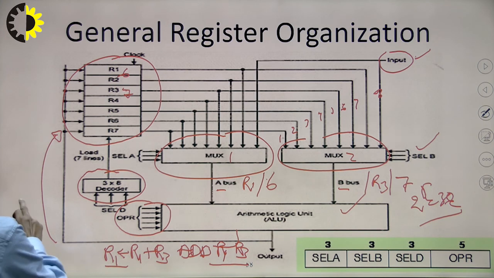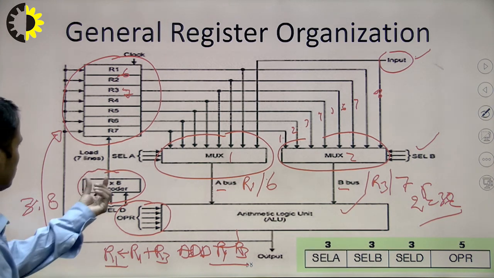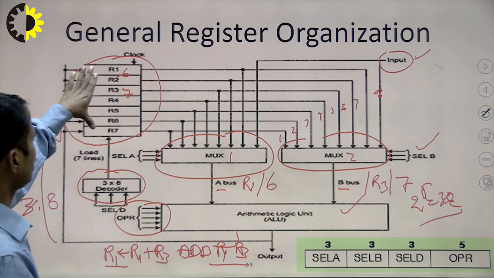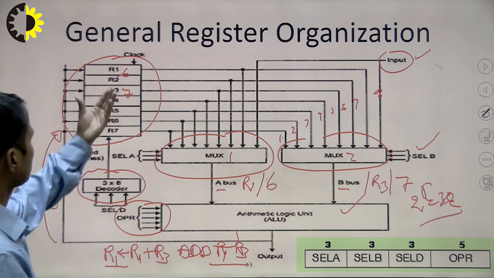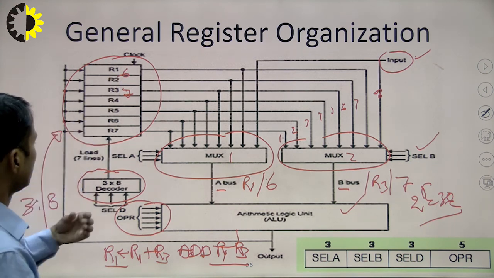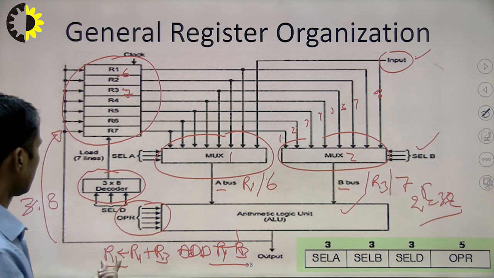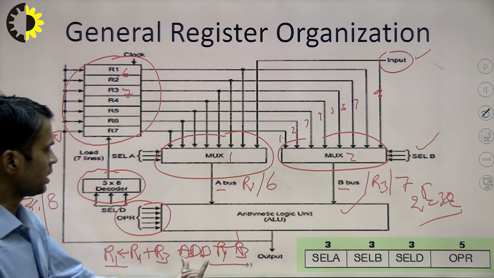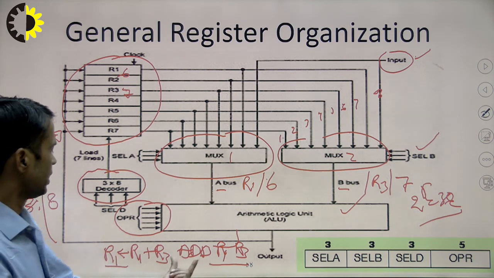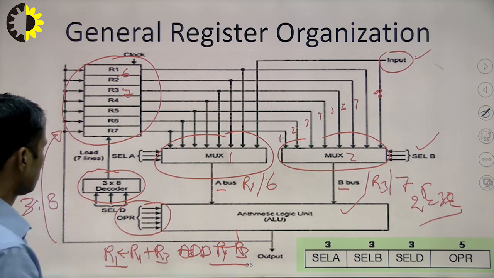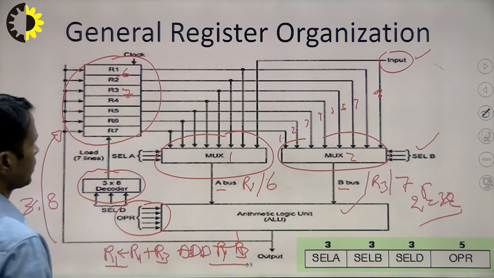3:8 outputs are possible. Since there are 7 registers, out of these 8 only 7 will be addressed using this decoder to address the register. So, if this selection line selects output R1, then when it is decoded through the control unit, the content of the ALU output will move to register R1 through this decoder.